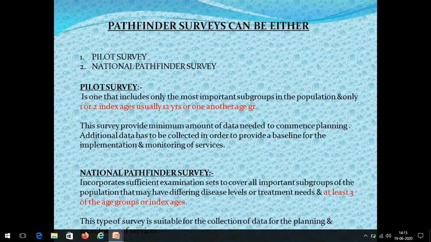A pilot survey is like a pilot seeing from the very top of the area, so he can have a very large view, but he may need to come down to a proper level so that he will understand the limitations or roadblocks he might face in the actual study. So we do a pilot study on a Pathfinder survey by keeping one or two index ages. Index ages we'll see in the next slide.